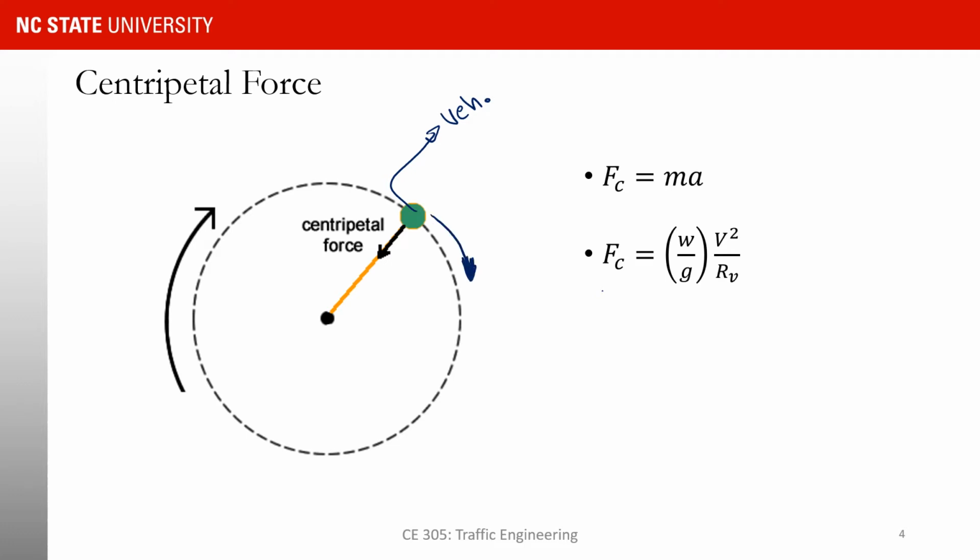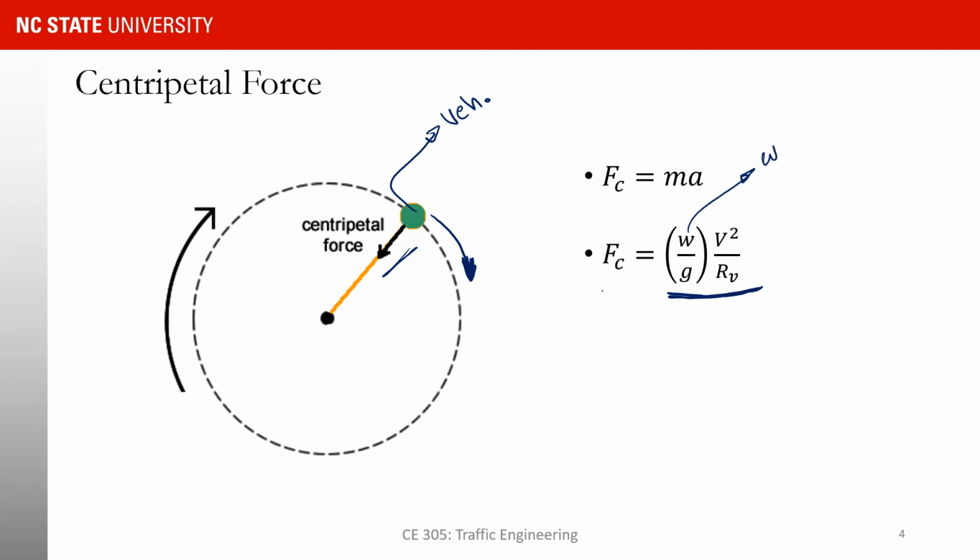We know that in such a condition we have centripetal force that becomes active, and you can see the centripetal force here. We know that the amount of the centripetal force is equal to W over g times V squared over R_V. What is W?